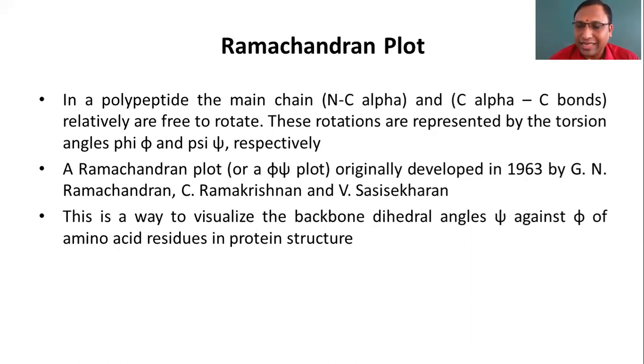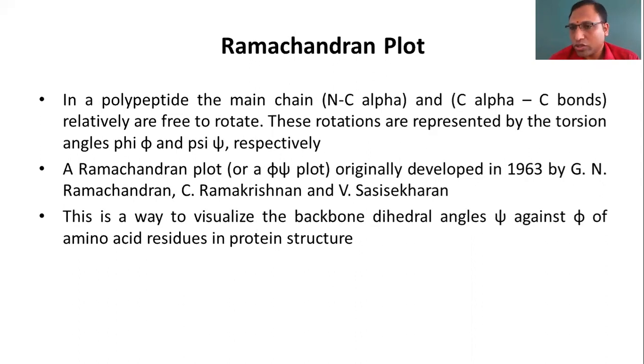Originally, it was developed in 1963 by a group of Indian scientists from Madras University, from the biophysics department. They are G. N. Ramachandran, C. Ramakrishnan, and V. Sasisekharan. These three scientists were involved in X-ray crystallographic studies of protein molecules in the biophysics department of the University of Madras.